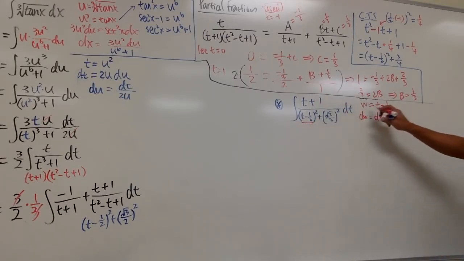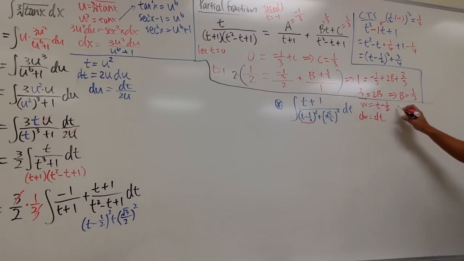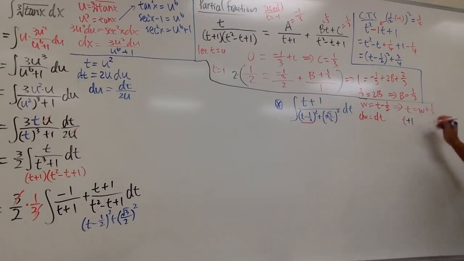Because w is equal to t minus 1/2, you can say that t is equal to w plus 1/2, right? And if you add 1, so t plus 1, which is of course w plus 1/2 plus 1, which is w plus 3/2, right?